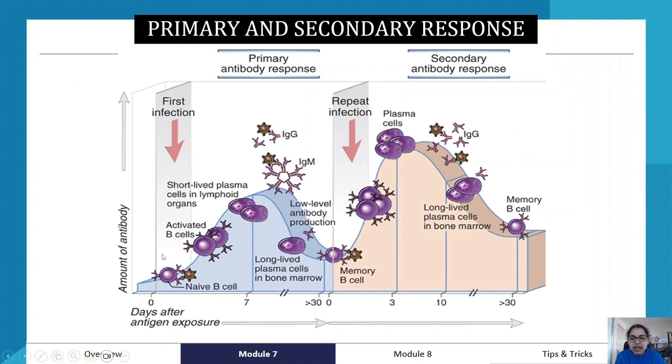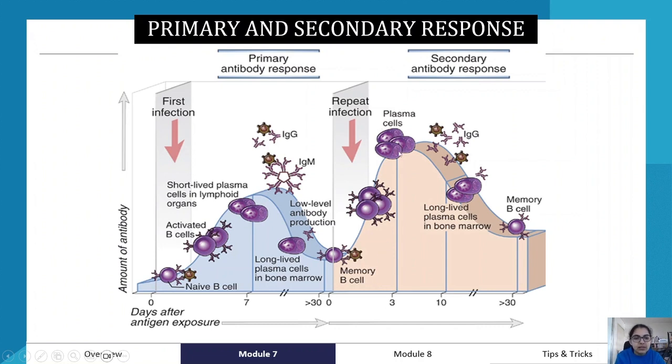So essentially what is happening here is that the primary response, when you're first infected, is going to be slow. It's going to take time. You can see here, days after antigen exposure, it is going to be at its highest. It's going to peak at about a week after. However, as soon as you get a repeat infection, we see that immediately the response is faster and more potent. 3 days after the antigen exposure, we are already peaking.